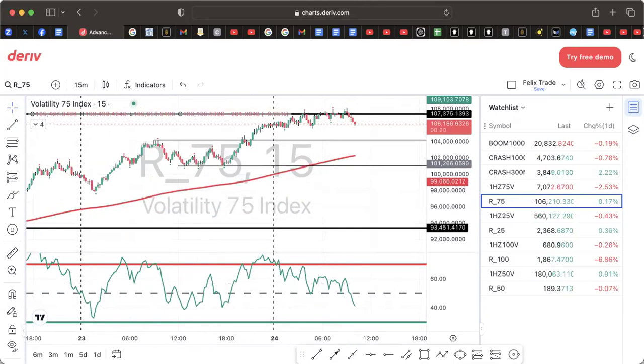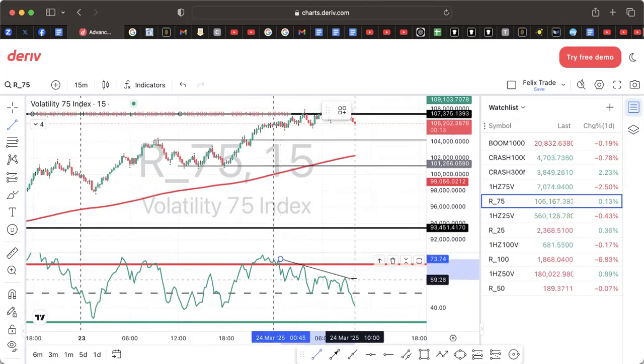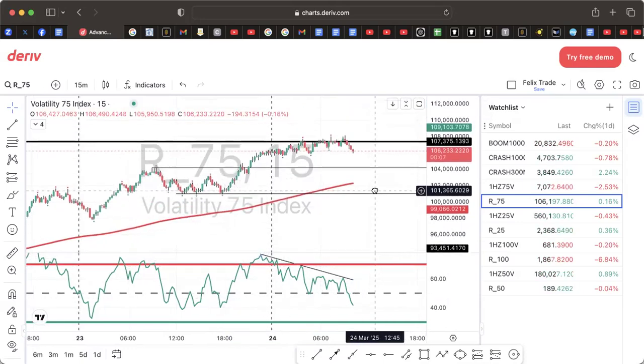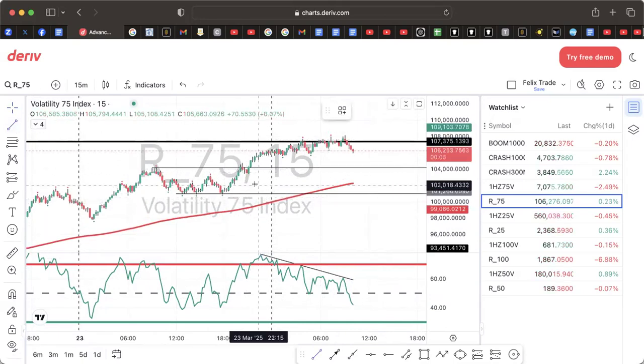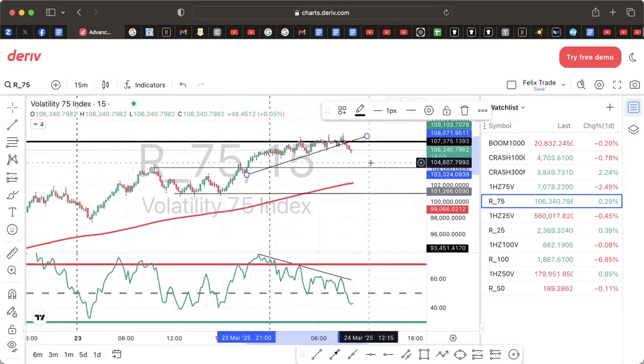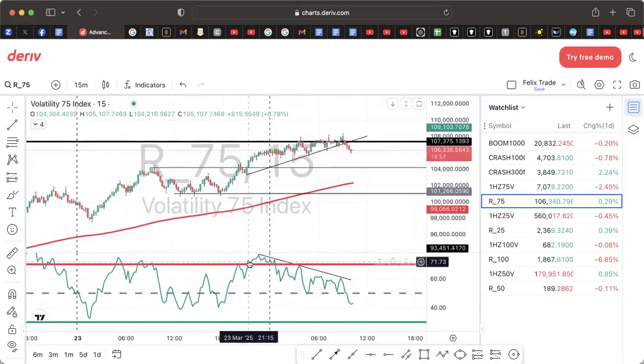Let's look at divergence here. Can you see divergence? So, what is divergence?